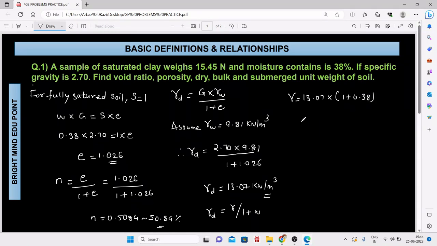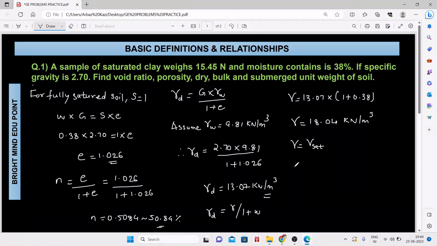On solving, we get the value for the bulk unit weight as 18.04 kilonewton per meter cube. Now, since the soil sample is fully saturated, we can say the bulk unit weight will be equal to the saturated unit weight.